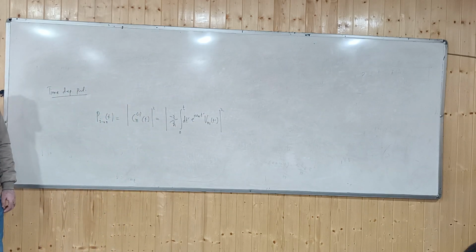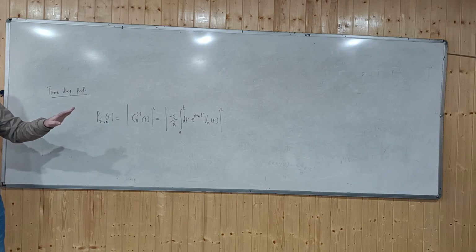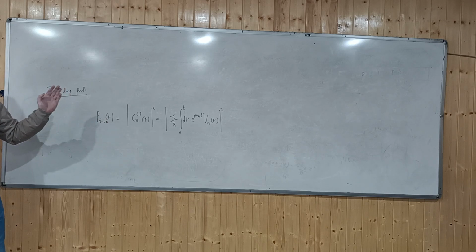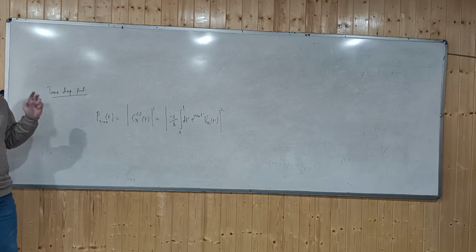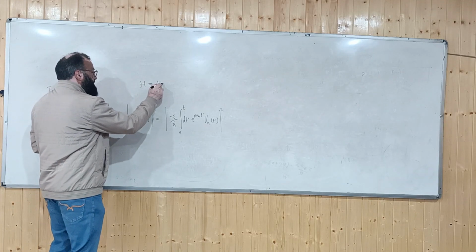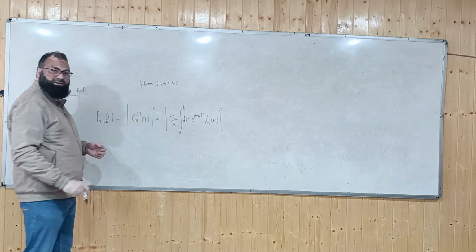Got it? Now if my potential changes slowly, because the time dependence comes from where? The potential term. In the harmonic oscillator, I assumed the time dependence enters from the omega, and I was changing the frequency slowly. Now in this very case, the time dependence comes from the potential, the perturbation.